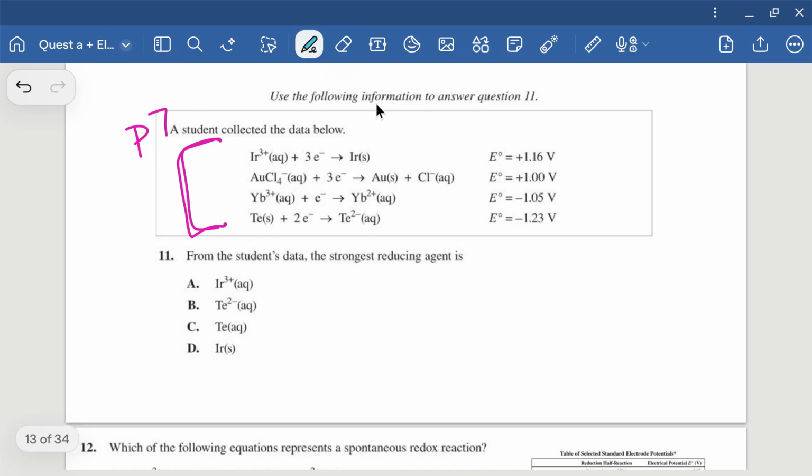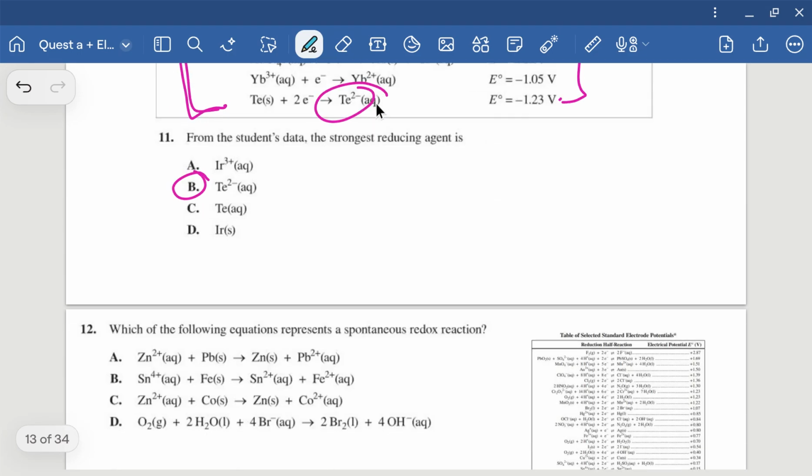And the other part is, are they ordered correctly? And in this case, they are, but they're not always. So just be careful with that. So what you should see is that your cell potentials are going from highest to lowest, which is happening. As long as it is, you can interpret this table like you would page 7, which means your strongest RA is your bottom right, which makes the answer B.